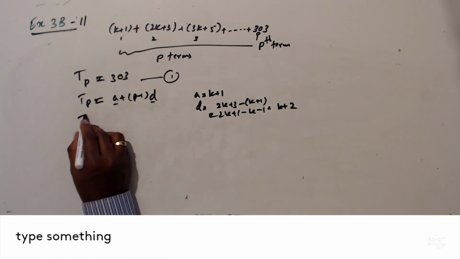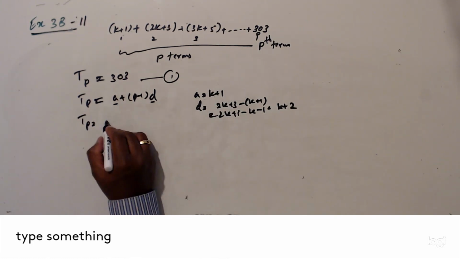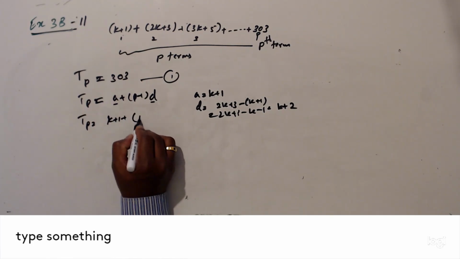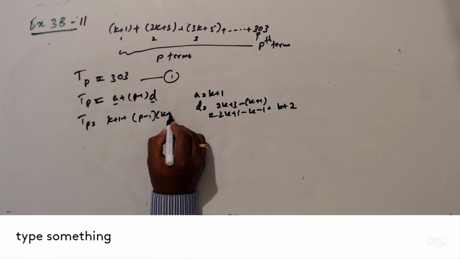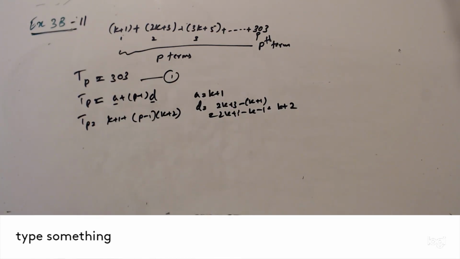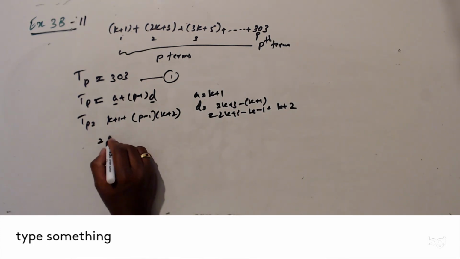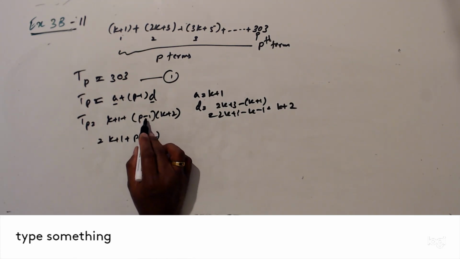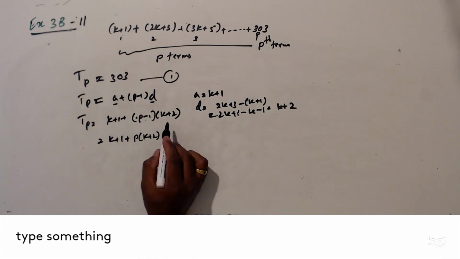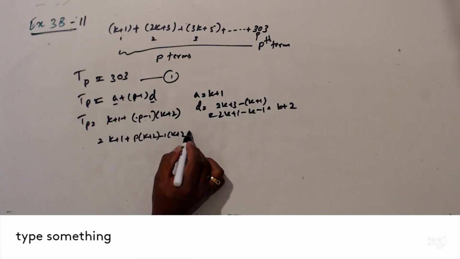Now from here, Tp is a, which is k plus 1, plus p minus 1 times d, which is k plus 2. We'll simplify a bit. So k plus 1 plus, I will multiply by p because I like to separate p, p times k plus 2 and then minus 1 times k plus 2.